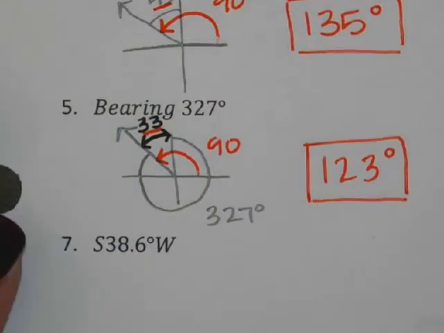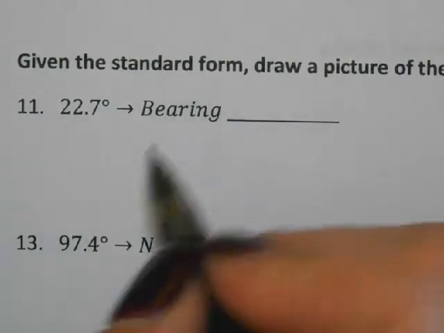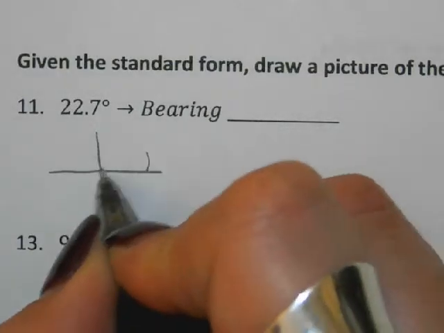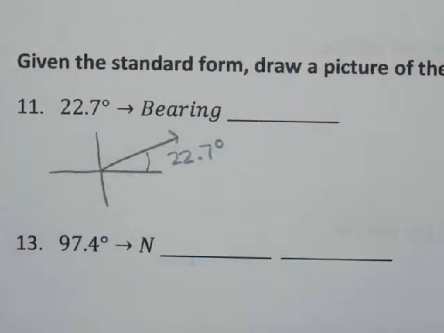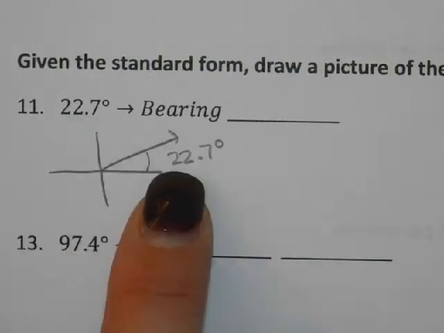All right, so if we look at number 11, it tells us that the standard form, so the math angle, is 22.7. Sorry, it's frozen. There we go. So the math version of the angle is 22.7.